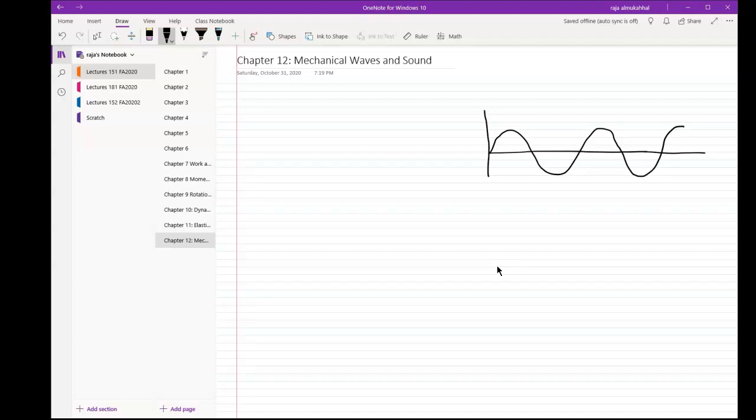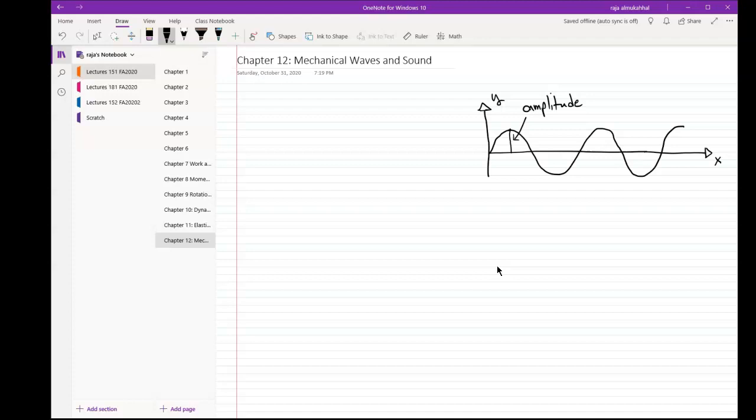More details on that later. So the height of the wave, if you remember from the previous chapter, we call the amplitude, right? So this is the amplitude right here. And we remember the period, the time it takes to complete one cycle, and the frequency, the number of cycles per second. You can go back to the previous video and review all that.